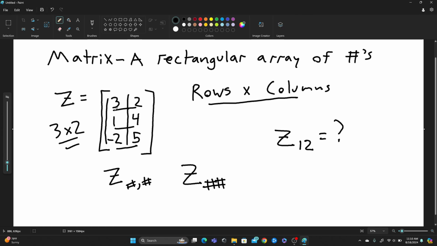So we know it's either 3 or 2 immediately because that's row 1. And then column 2. So Z12 is equal to 2. So Z12 equals 2 because we went row 1, right? Row 1. And then column 2. So column 2 because the second number is a 2. So Z12 equals 2.